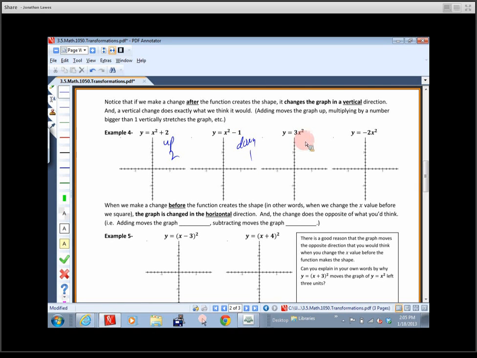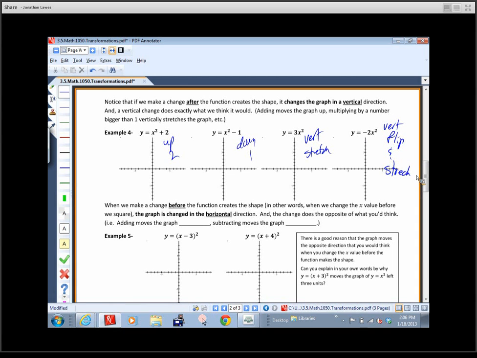What's the 3 going to do? It's going to be a vertical stretch. What's the negative 2 going to do? It's actually going to do 2 things. The negative does one thing, the 2 does another. Vertical flip from the negative and stretch. It's going to be taller than it used to be.